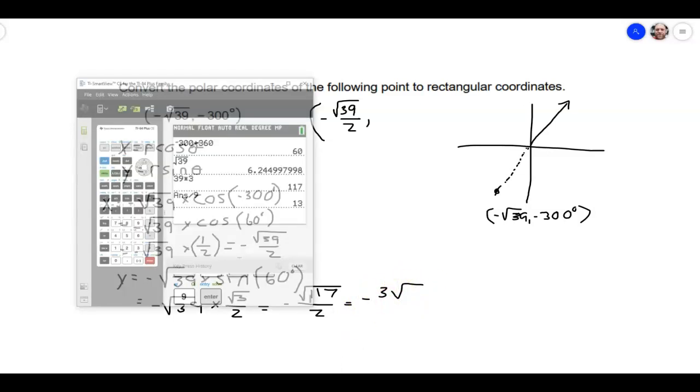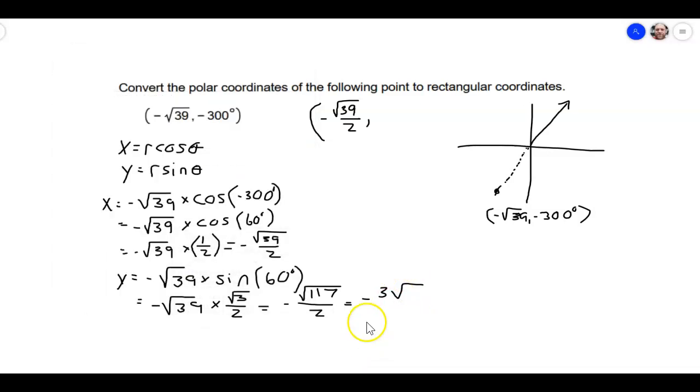Yes. 3 root 13 all over 2. And that's your y coordinate there. So you're going to go in the y direction negative 3 square root of 13 all over 2. All right, and that's it.